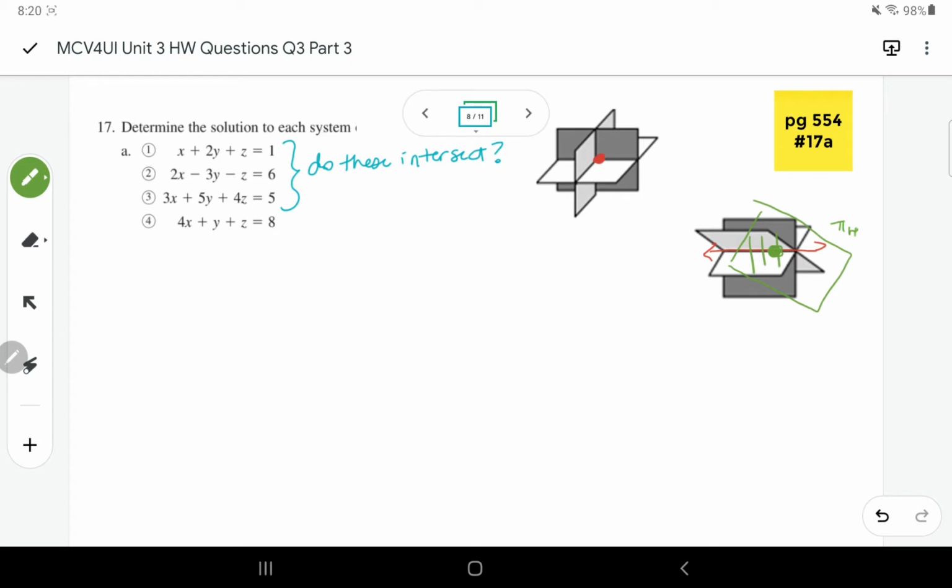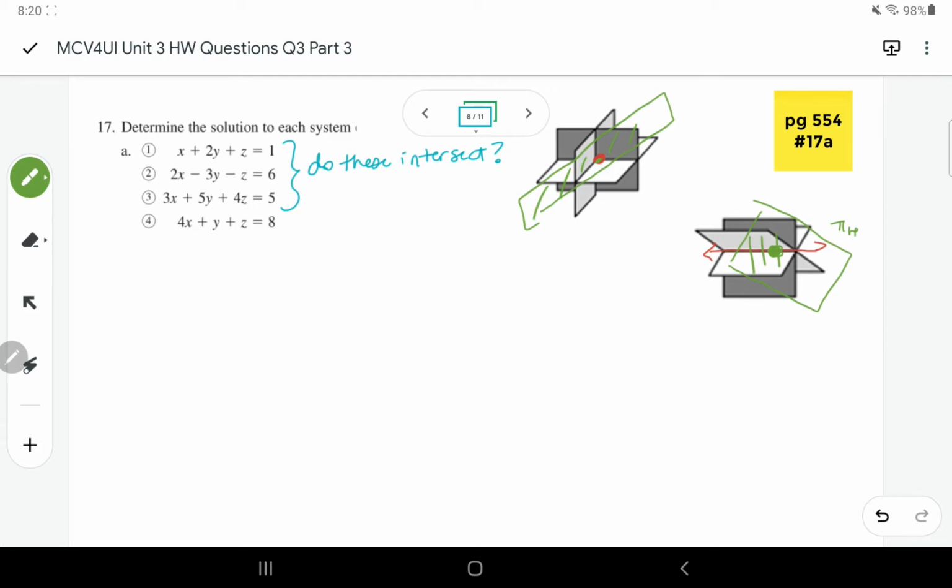And if they intersect in a point, we will want to check, this is going to be kind of messy to draw, if plane 4 also intersects across that same point.